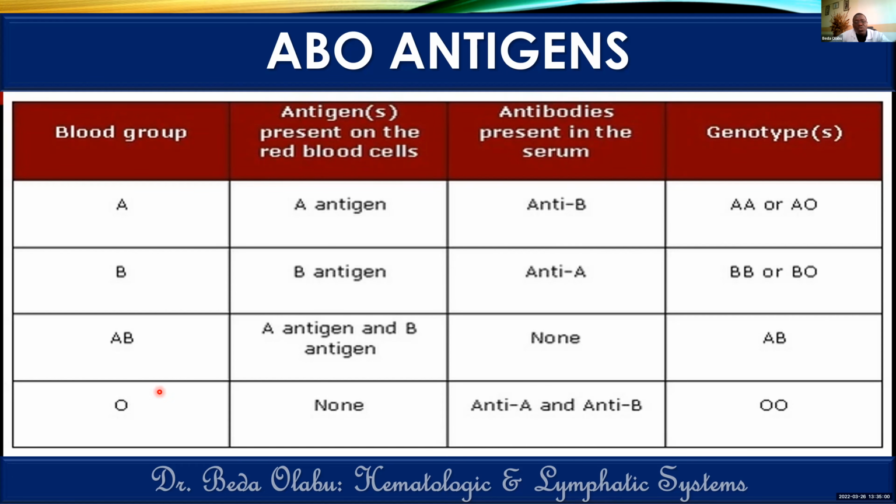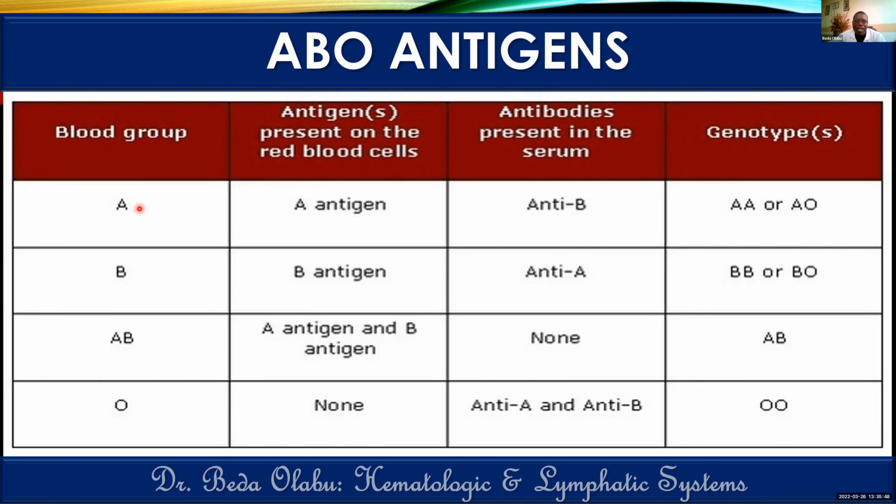And if your red blood cells do not have any of the antigens, then your blood group is O. So that blood grouping is based on the presence of the antigen that is in the cell membrane of your red blood cells. Now, something important to note.